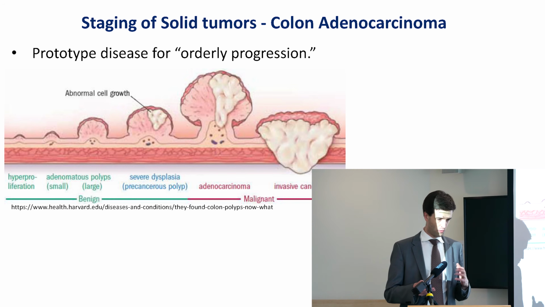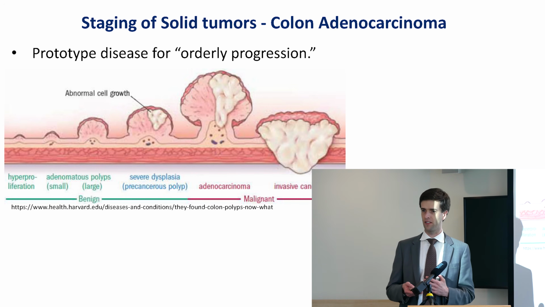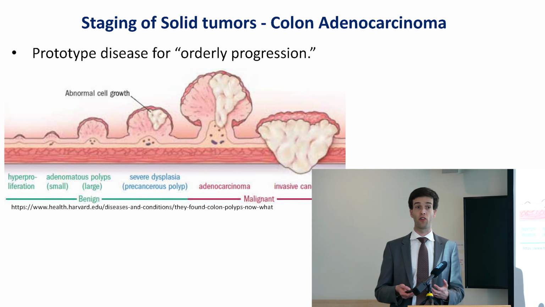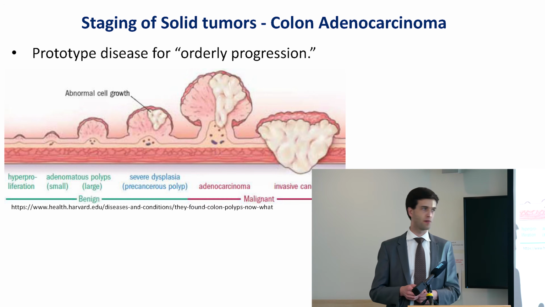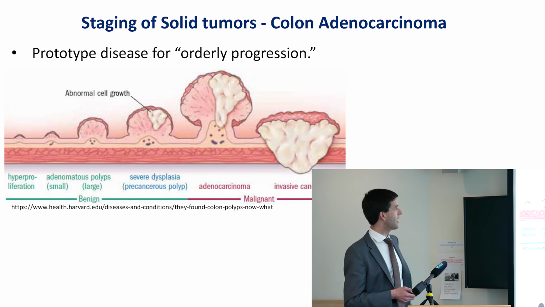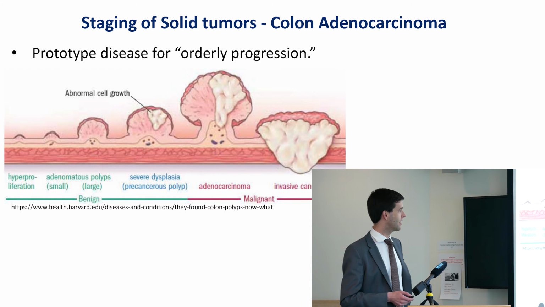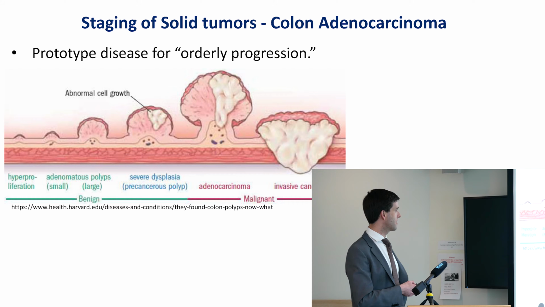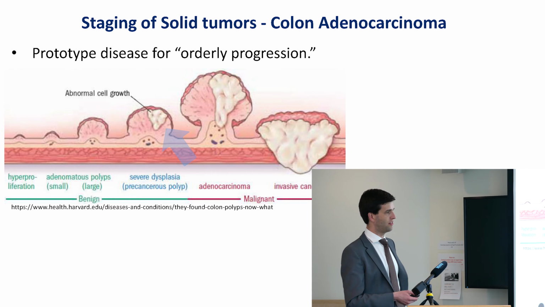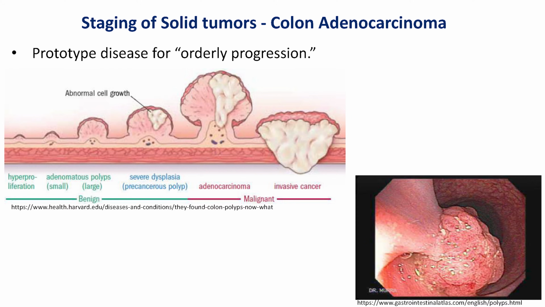So I'm going to explain what's different about CLL compared to most solid tumors, which are more common than CLL. This is what happens in colon cancer, which is one of the most common cancers in our community. You start off with these abnormal cell growths called polyps, and this is what one looks like at a colonoscopy.